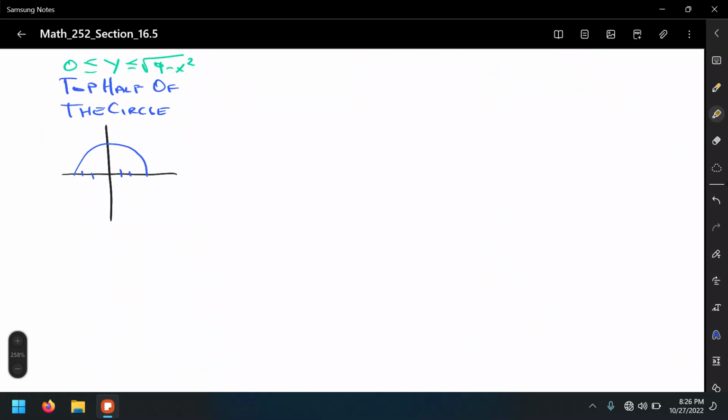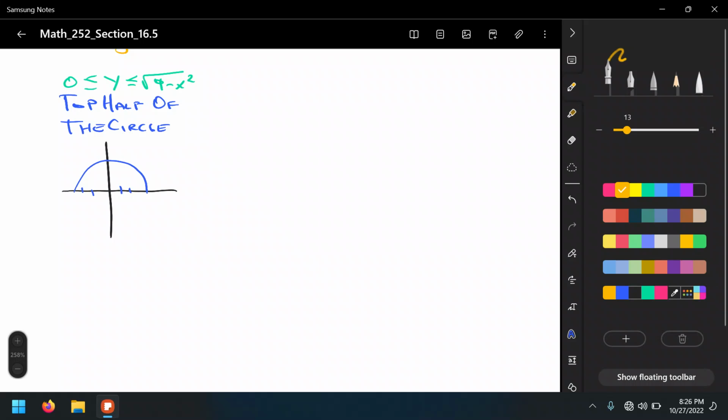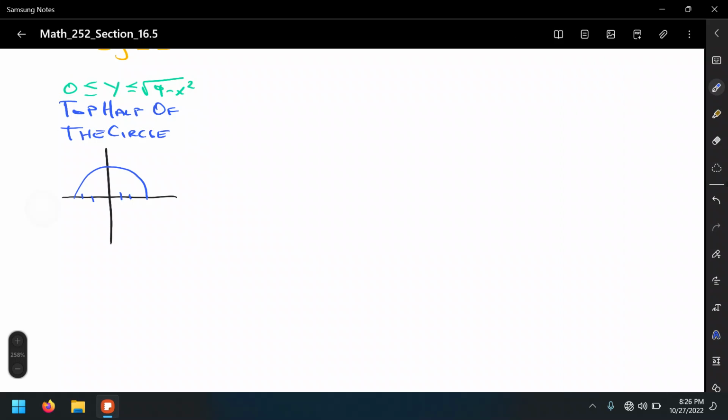So in this case, x is varying between 0 and 3. So what do we have already in spherical coordinates?